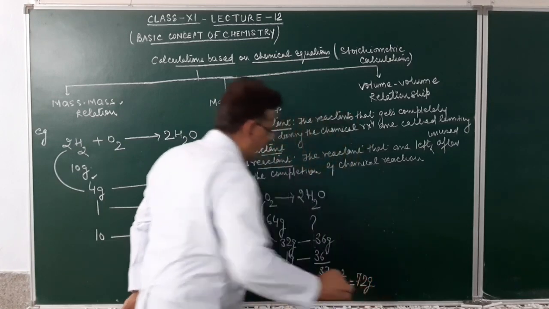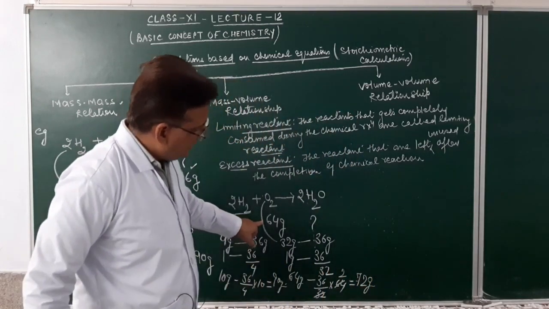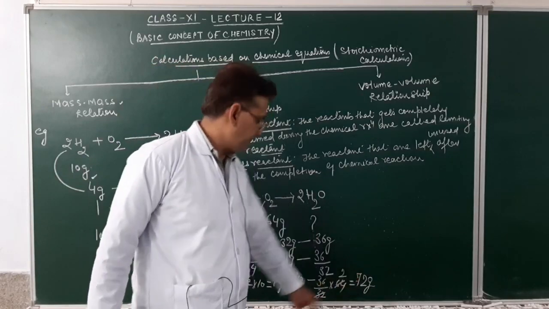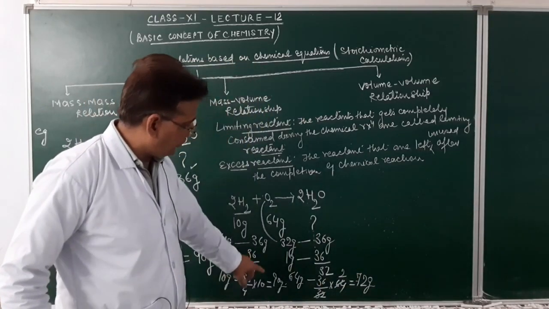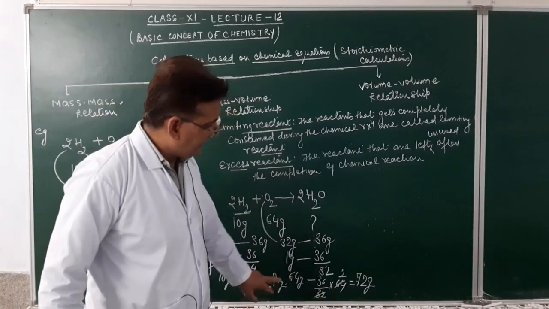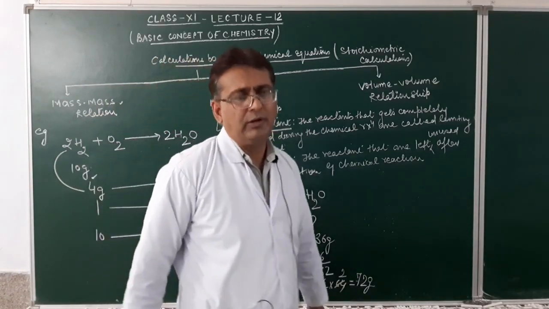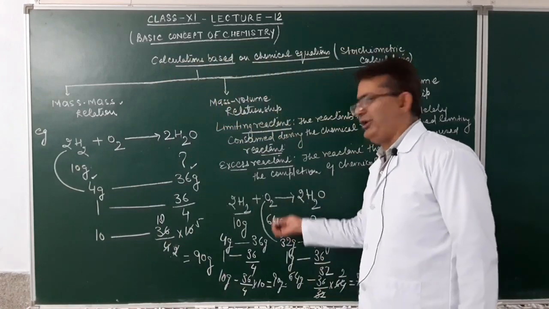Just see, when I use 64 gram of oxygen, what mass of water is formed? 72 gram. When I use 10 gram of hydrogen, what mass of water is formed? 90 gram. So in which case is a lesser amount of water formed? When we calculate by using oxygen.